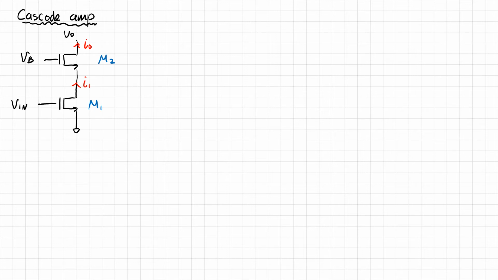Of course, the voltage at the output depends on what's loading it there, but this is the general case here. So in this case, what we can say is that transistor M1 is a common source amplifier, and therefore it's just a linear transconductor. I1 is equal to GM1 times Vin.